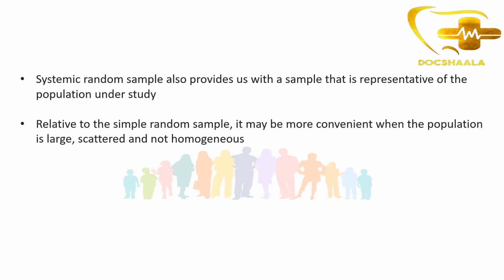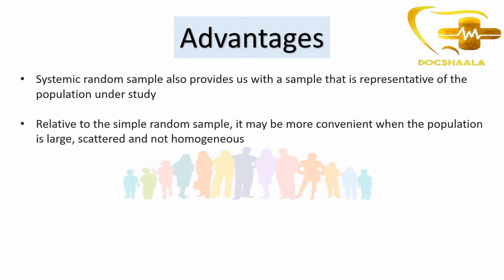Okay. Then, what are the advantages of systematic sampling? Systematic random sample also provides us with a sample that is representative of the population under study. Relative to the simple random sample, it may be more convenient when the population is large, scattered, and not homogeneous. Of course, in households it is not homogeneous, right?